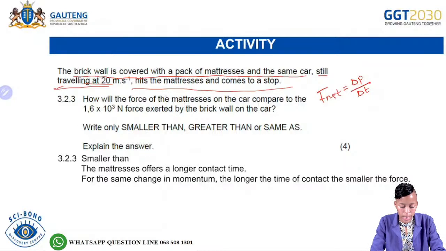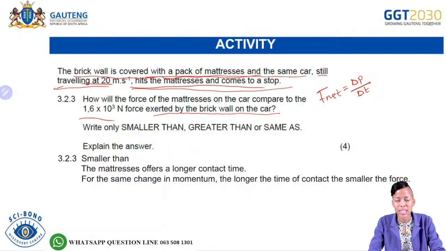So the question says, how will the force of the mattress on the car compare to this force exerted by the brick wall on the car? So what is the difference now? What happened? It says the brick wall is covered with a pack of what? Of mattresses. And the same car, which is traveling at 20 meters per second, now hits the mattresses and comes to a stop. So that is the change that we now have.